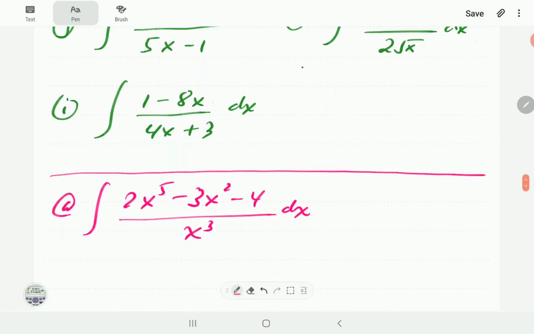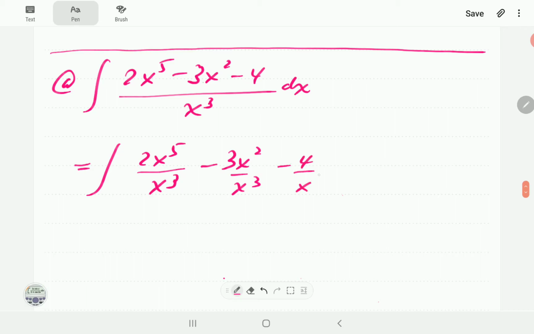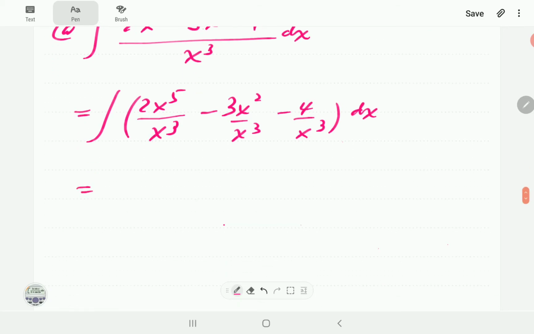So we're going to divide term by term. So we've got 2x to the power 5 over x cubed minus 3x squared over x cubed minus 4 over x cubed. So that's the distributive property of division.